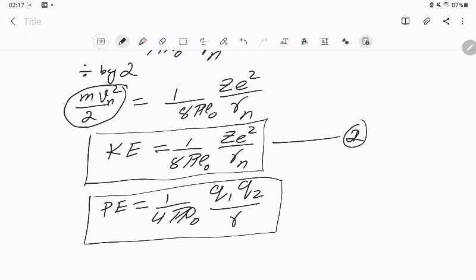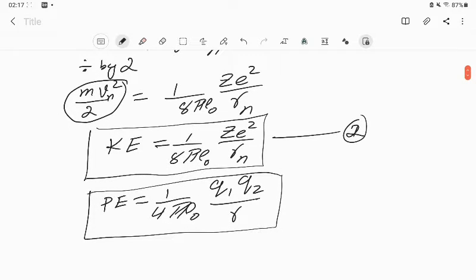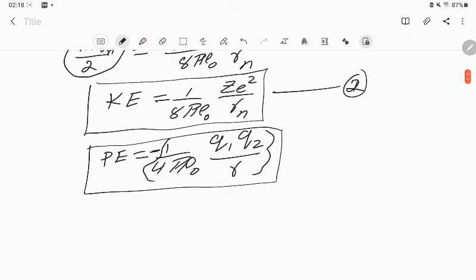See the difference between electrostatic potential energy and electrostatic force is this r. In electrostatic force we have r square, but for energy we have only 1 r, and the whole thing is minus. This formula is coming from unit 1.